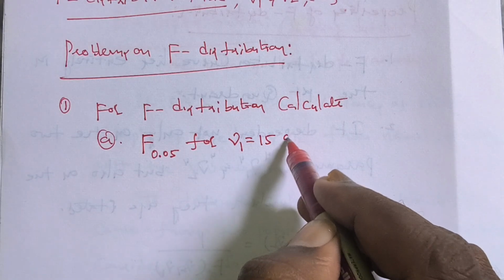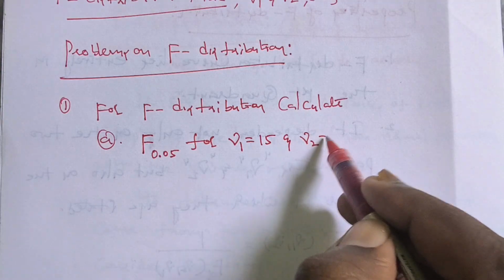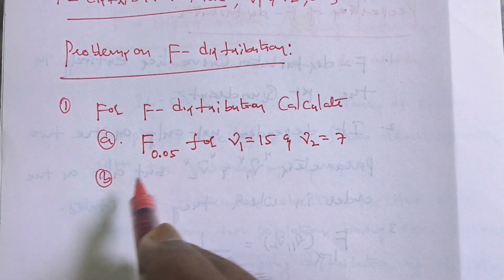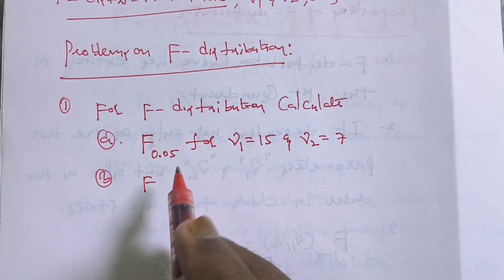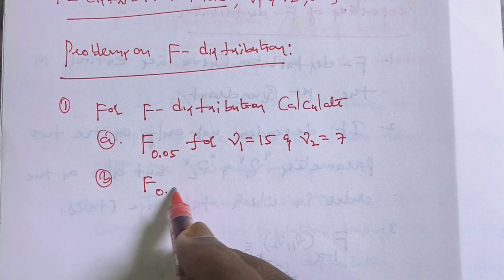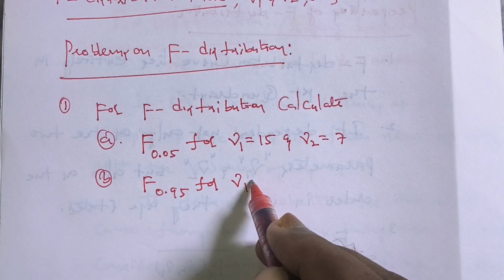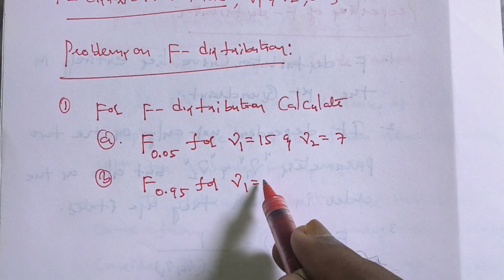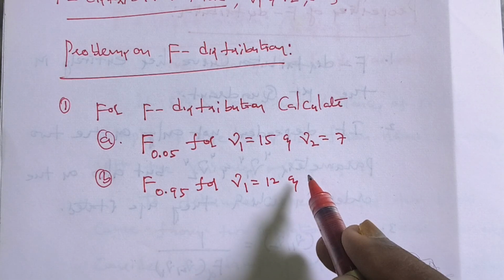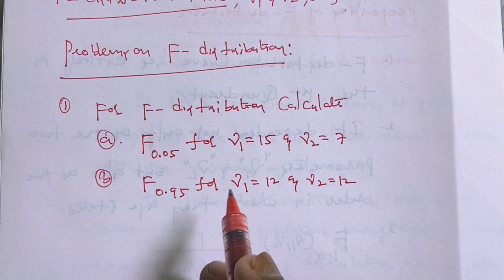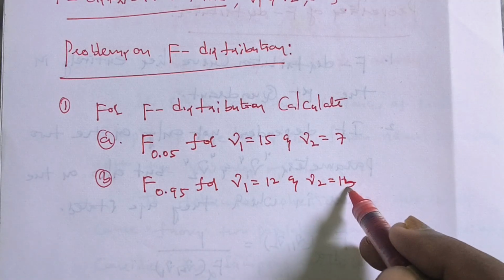For the F distribution, calculate the first problem. A is F 0.05 for degrees of freedom nu1 equals 15 and nu2 equals 7. The second problem B is F 0.95 for degrees of freedom nu1 equals 12 and nu2 equals 15.